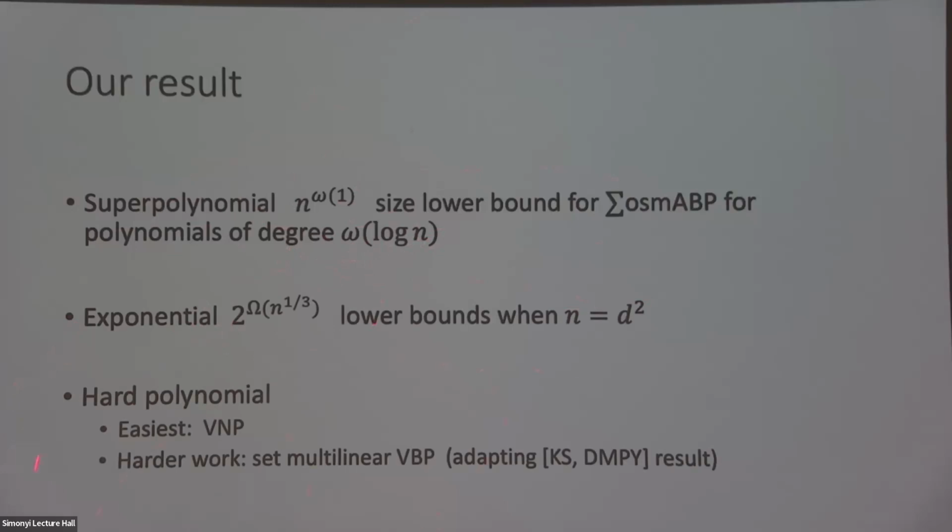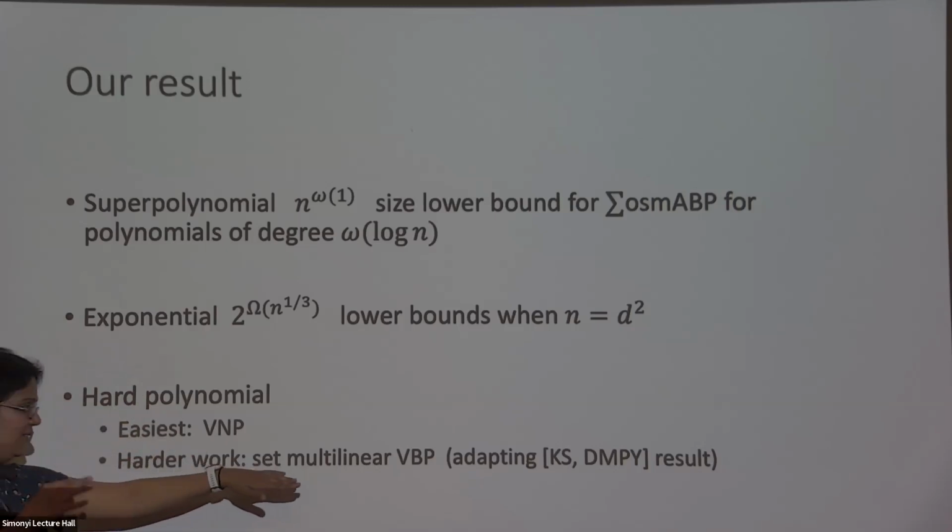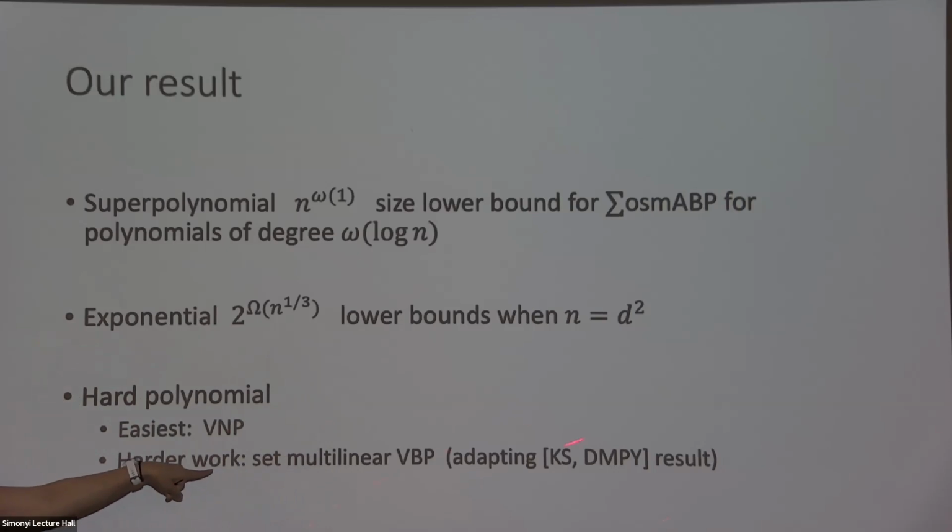And what is our hard polynomial in these lower bounds? It's easiest to do it for a polynomial in VNP, the Nisan-Wigderson family of polynomials, but with a lot more hard work, we can make the hard polynomial one in set multilinear ABP, which is sort of like bad news because if you want truly set multilinear branching program lower bounds, your hard polynomial should not be computed by a branching program.